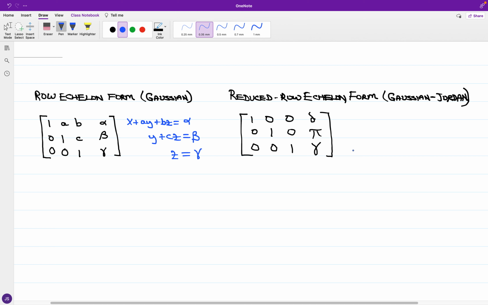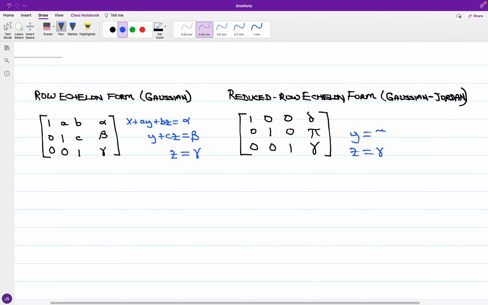So going back, z is equal to gamma, and with the second row you get 1y, and y is equal to pi, using a general case. For the top row, the only non-negligible coefficient is the 1 in the upper left hand corner, in reference to x, and the corresponding solution is delta.